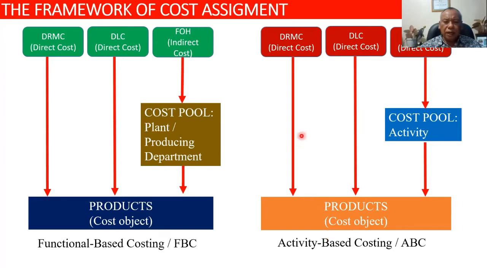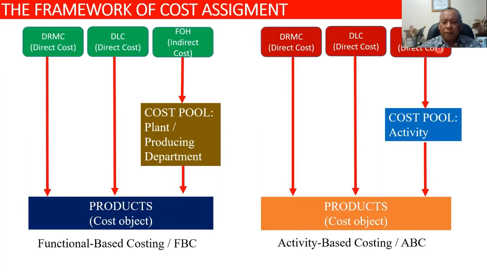We can easily and accurately trace them to the cost object, in this case the products. So how to assign the direct raw material and direct labor costs is the same in both. The different one is only the factory overhead costs.